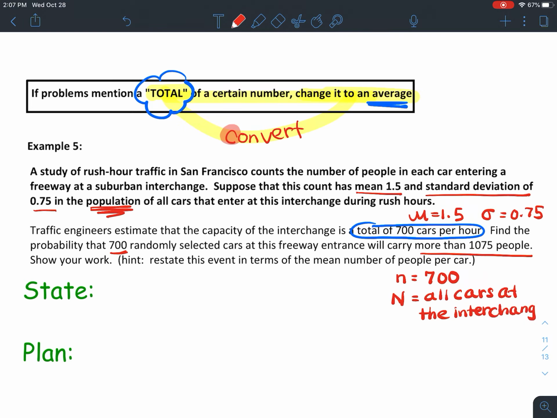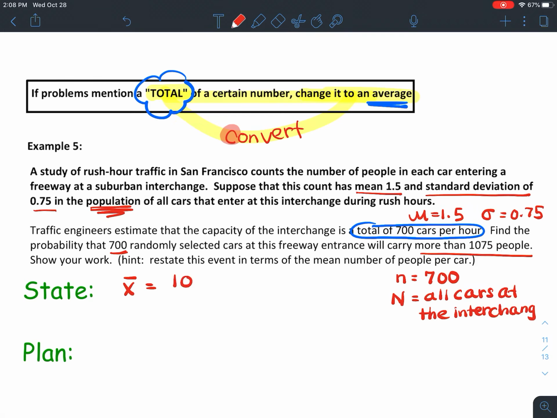Now we want to restate this as an average. We're given a total of 700 cars per hour passing through, and we want to find the odds that if we were to pick 700 randomly selected cars at this freeway, they're going to carry more than 1,075 people in total.